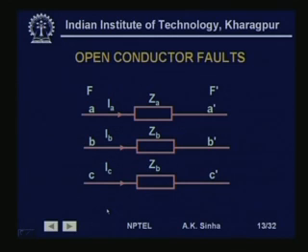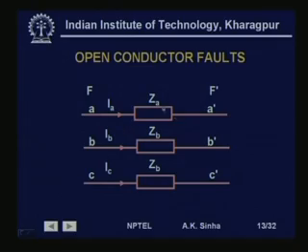Now, for simulating the open conductor faults, since we are simulating only one conductor or two conductor open faults, in case of three conductor open faults we do not need any analysis as such, because in that case there will be no current flowing through the system; again it will be a symmetrical open circuit system.